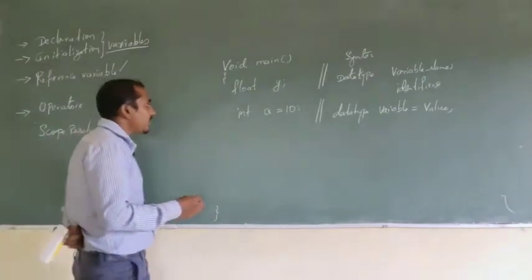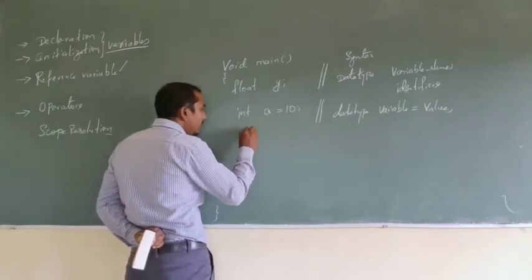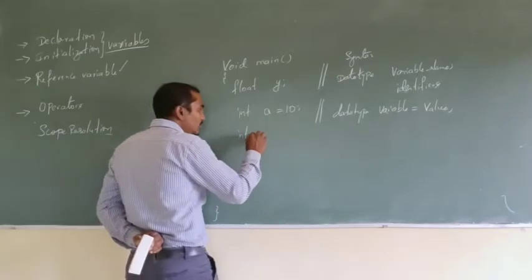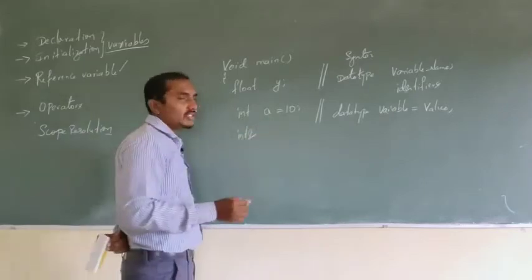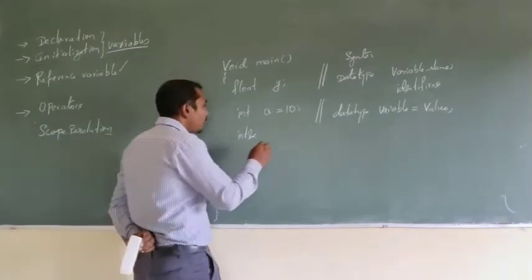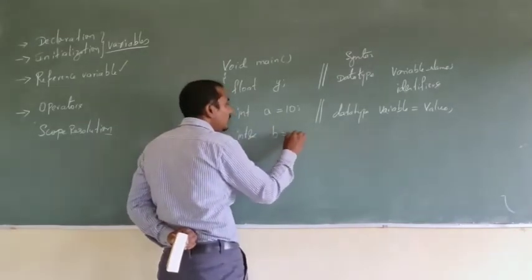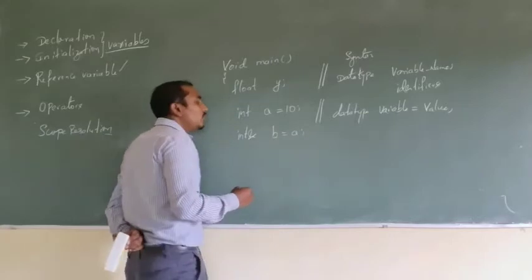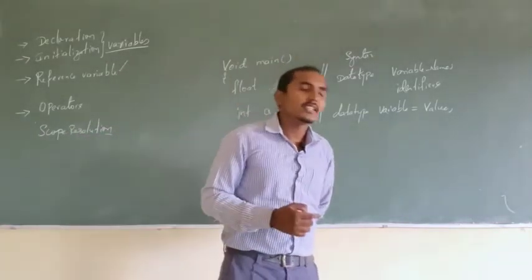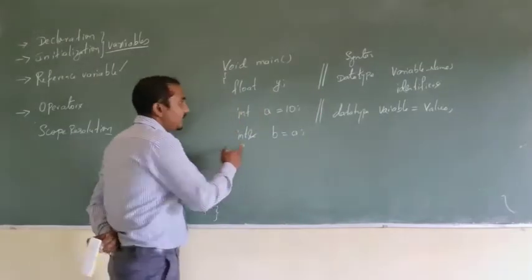So how to define a reference variable: I'll write the same data type, suppose integer. I'll use an operator which is the ampersand operator or address operator. This operator will be followed by the new name I want, and the variable that I want to assign. This type of assigning is how we create a reference variable.